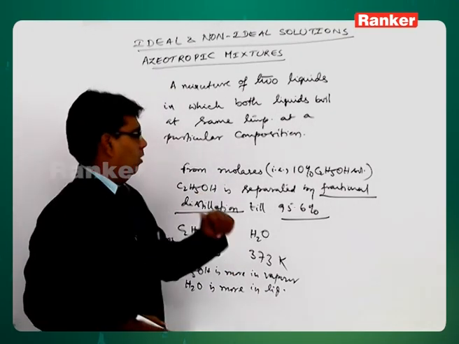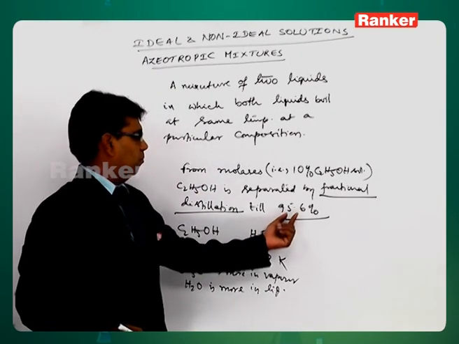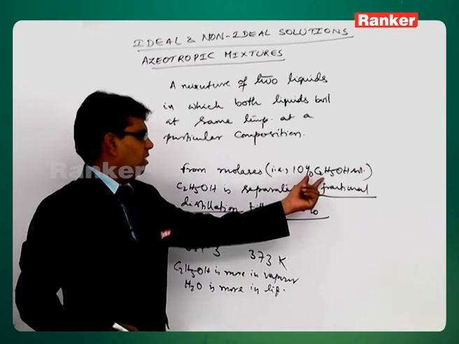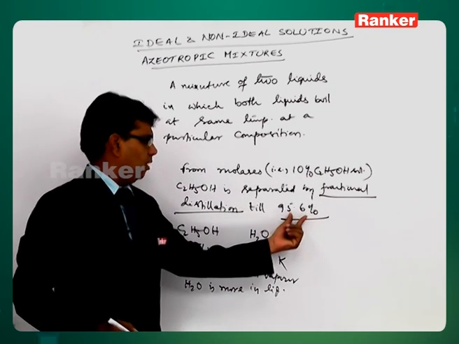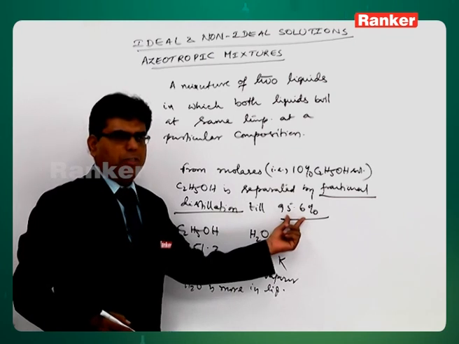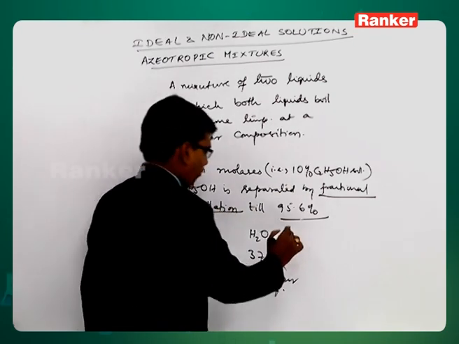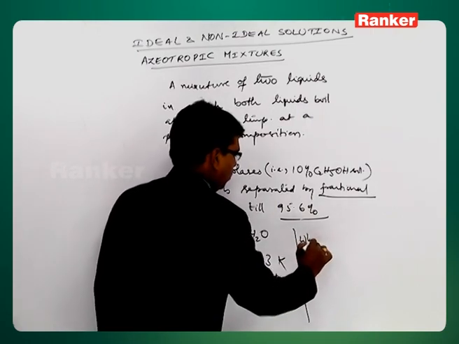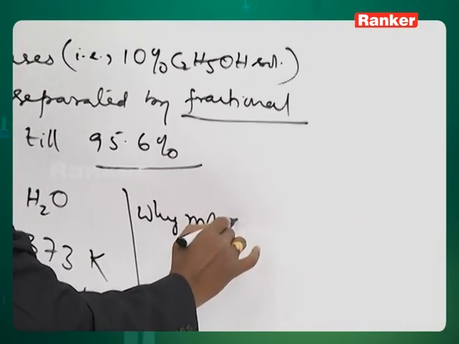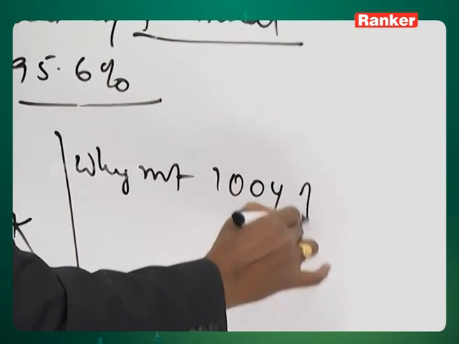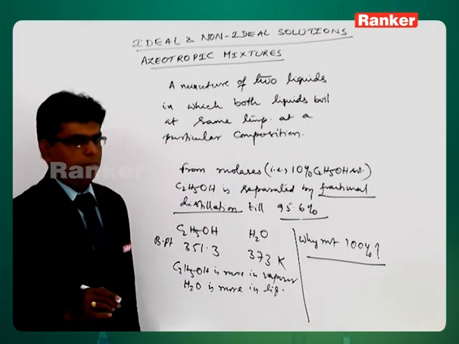But my question here is that when 10% ethyl alcohol can be concentrated up to 95.6% ethyl alcohol by fractional distillation, why not we get 100% by the same process?